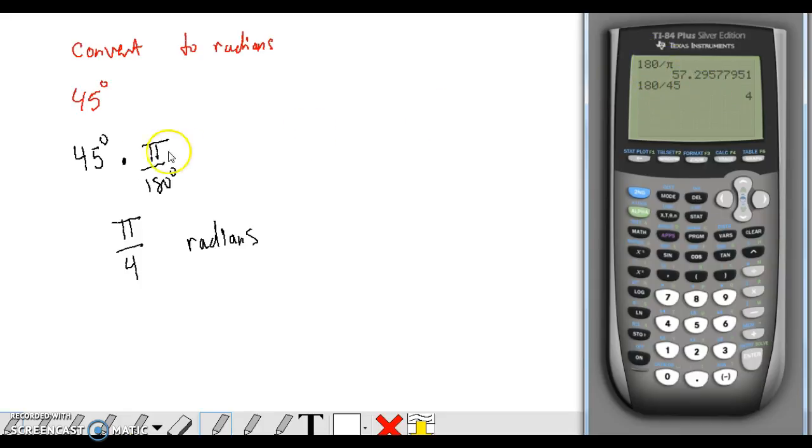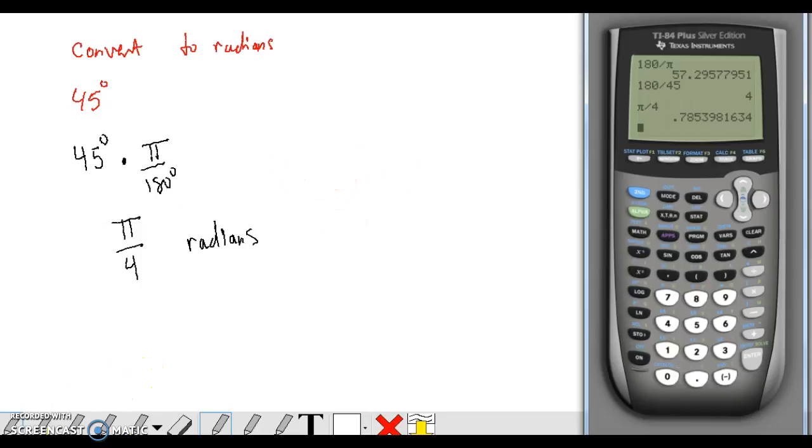Notice that 45 is a little less than 57.3. So notice what happens when I do pi divided by 4. I should get a little less than the number 1, right? Because pi is 3.14, and I'm dividing it by 4. And notice I get a little less than 1, about 0.78. So it's important to remember how big a radian is and things like that.